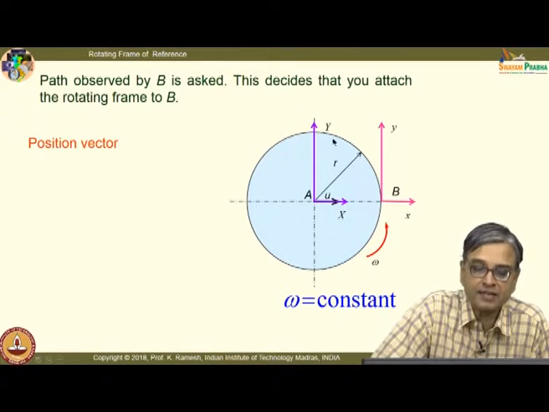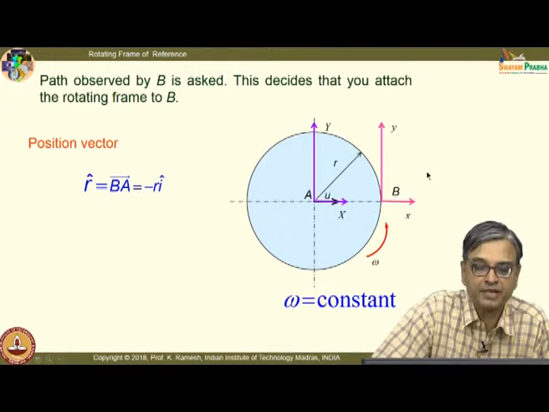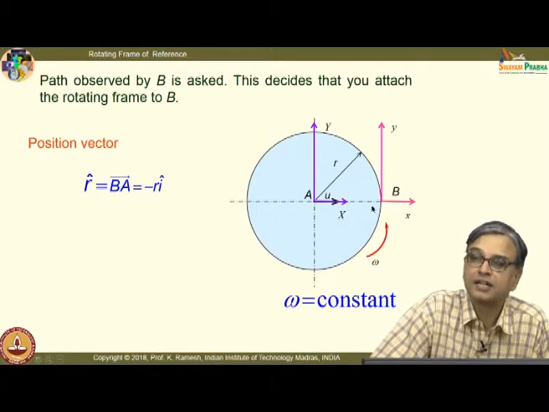A person sitting on the rotating platform would observe a constant velocity u, and we will also have to get the position vector. R is dA, and then it is minus Ri. I am taking the rotating frame of reference as the basis for all my calculations.